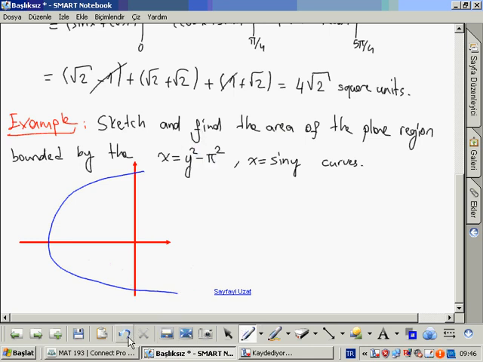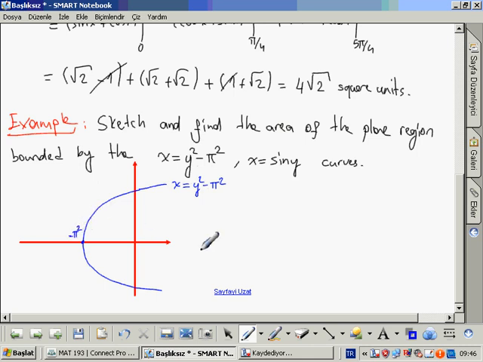I'm sorry, it's not clear now. This is better. x equals y squared minus pi squared, at that point is minus pi squared on the x axis and the y axis.